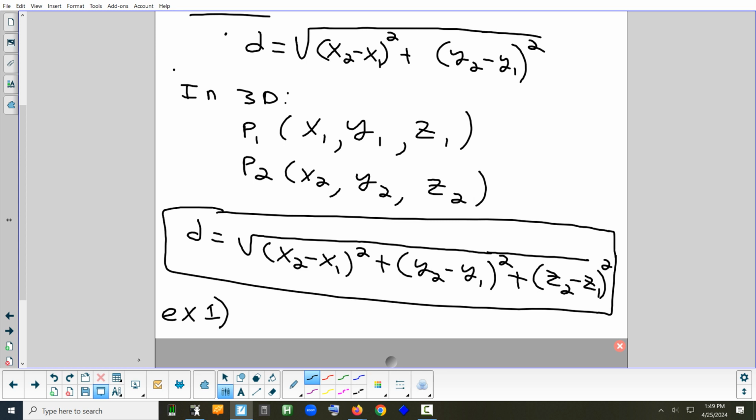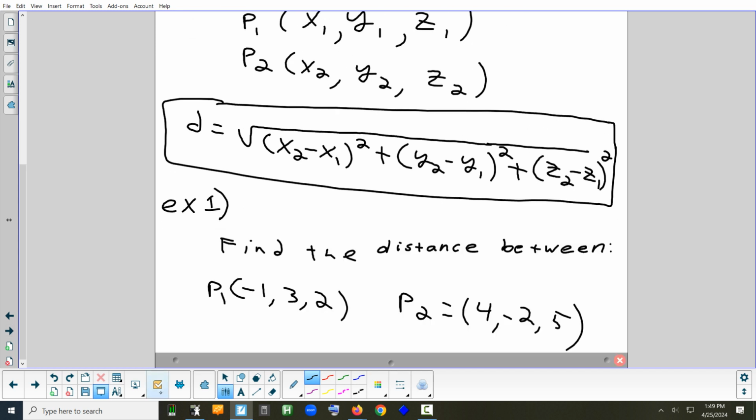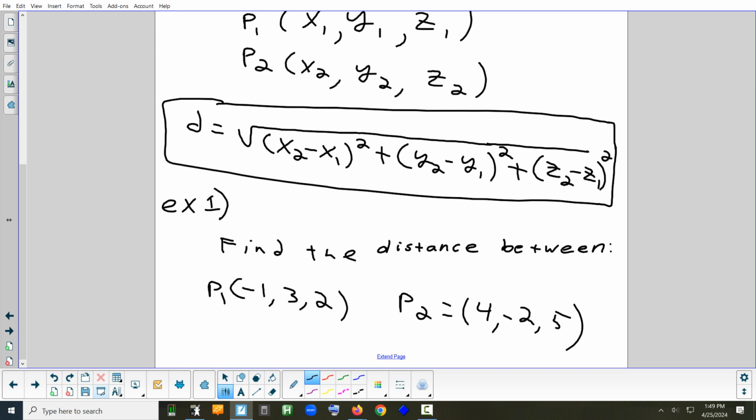All right, let's try to find the distance between those 2 points. So we have the point -1, 3, 2, and 4, -2, 5.